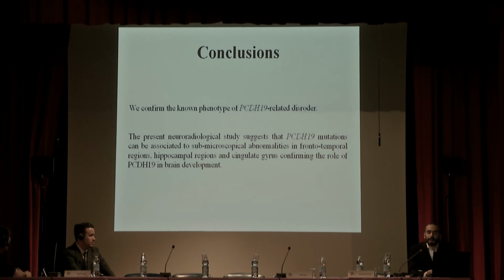With respect to neurological studies, our suggestion is that PCDH19 mutations can be associated with submicroscopic anomalies in the frontotemporal regions, hippocampal regions, and cingulate gyrus, confirming the role of PCDH19 in brain development in humans.